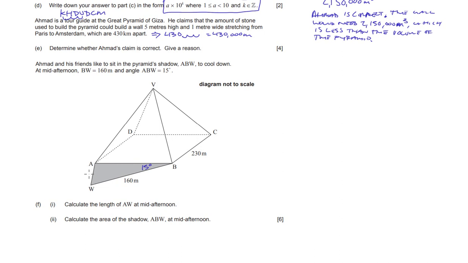So A to W. We're trying to figure out, again, instead of putting X, I'm going to put AW. So we know this side, we know this angle. We also know this side right here, since it's a square base, this has to be 230 meters. Okay? So if you have two sides and the angle in between, we're going to want to use the law of cosines, right?